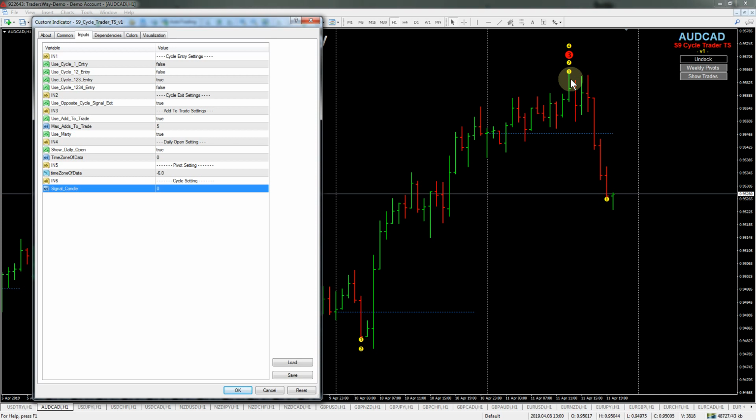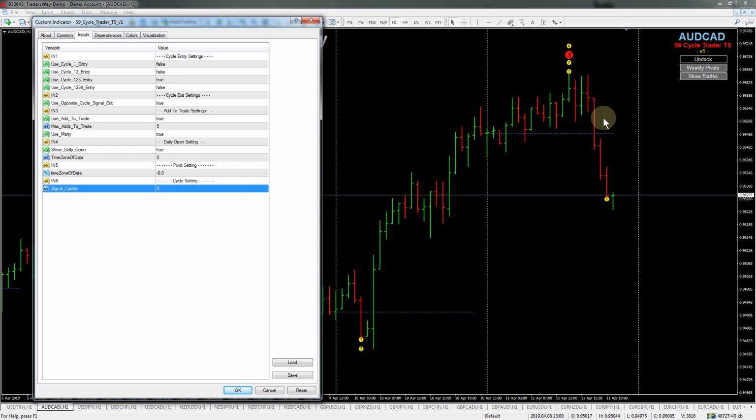If you want to wait 1 candle until the price action is over here and this signal candle is closed, you set this to 1. If you want to wait another one, till 2 candles, then this would be the 1 candle, this would be the 2 candle, and you would set this to 2.